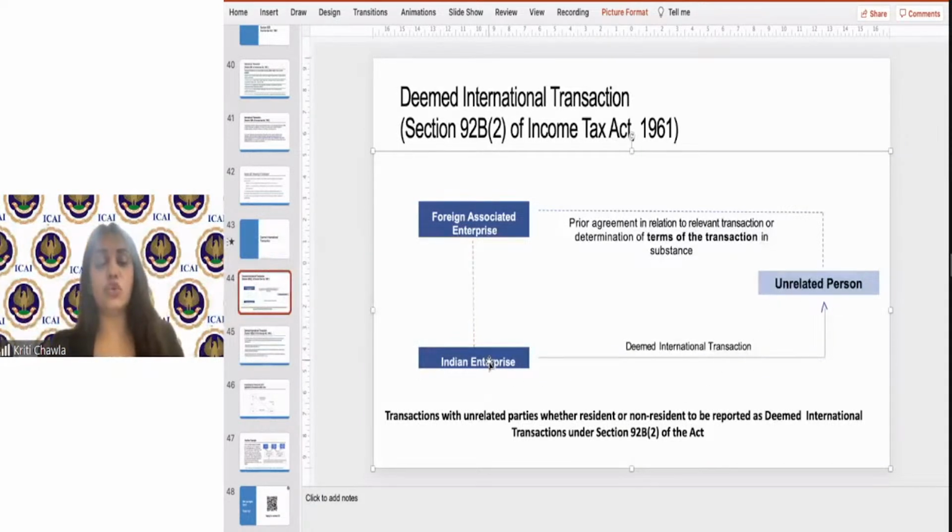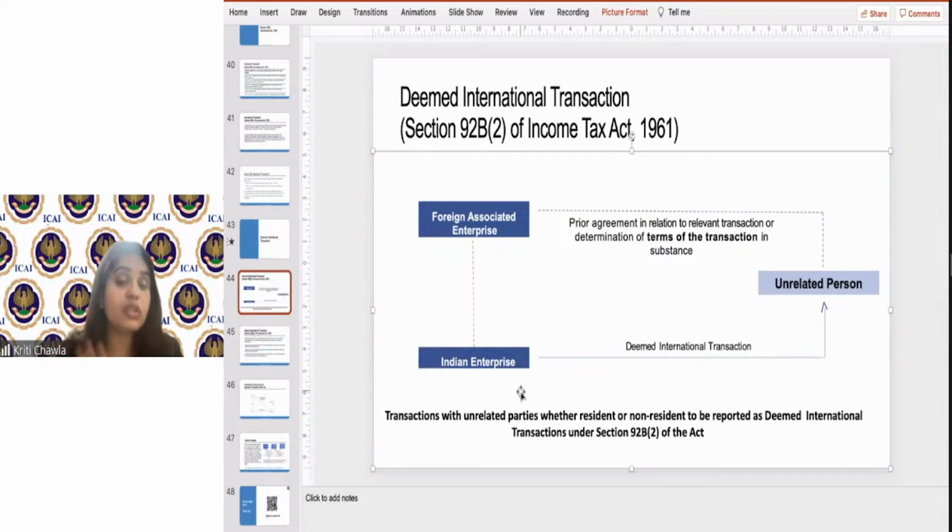They said that we know this transaction is not between two related parties and should not be an international transaction, but because its terms are determined by the foreign associated enterprise, we're going to call it an international transaction also, and transfer pricing provisions will be applicable on this transaction.